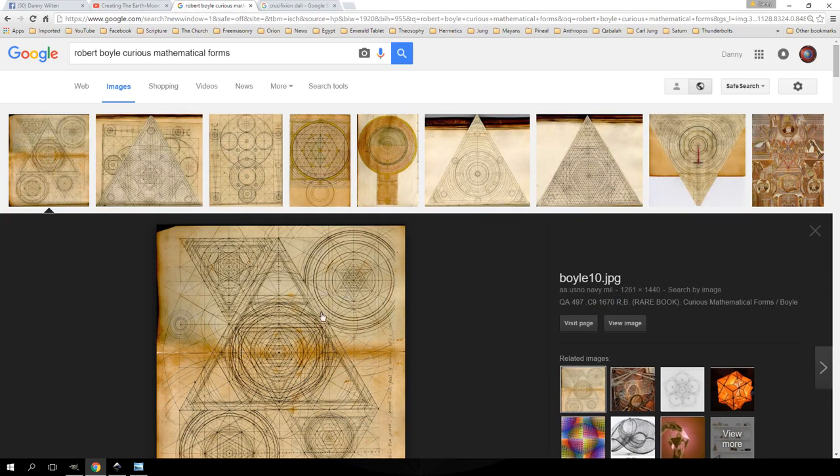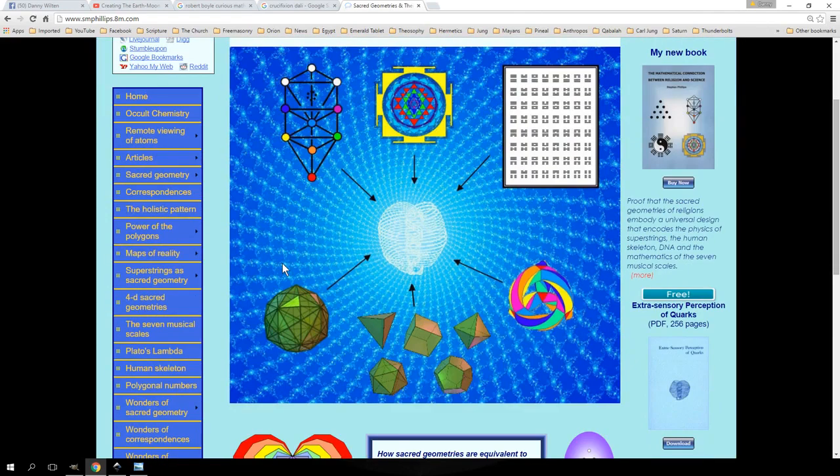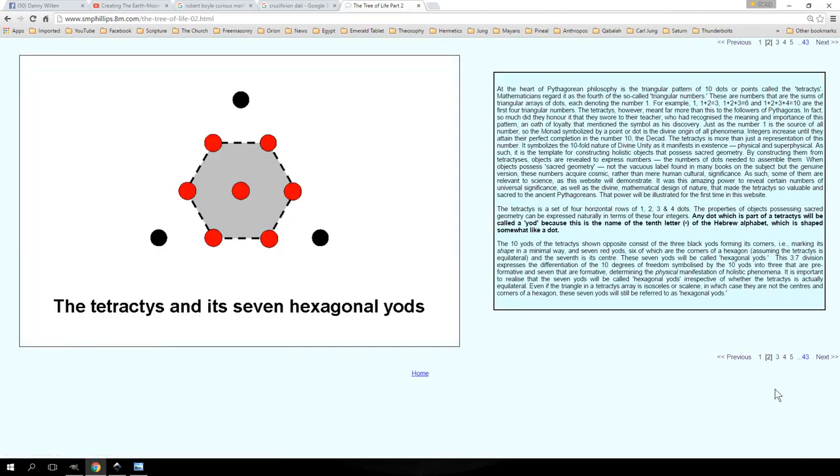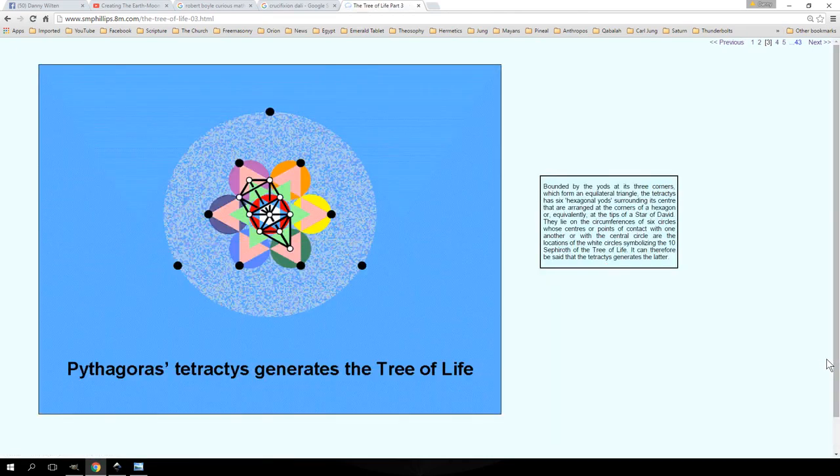So, also in combination with looking at Boyle, I've been looking a lot at Stephen Phillips on the SM Phillips. So we go there real quick. And we take a look, for example, at sacred geometry, and we take a look at the Tree of Life. And we see here the Tetractys all of a sudden. We see this, another version of the cube.